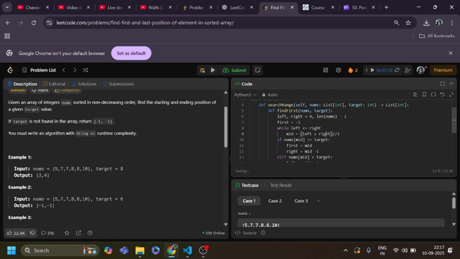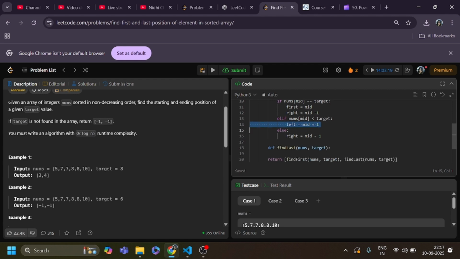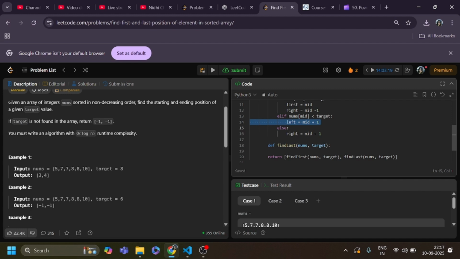If numbers of mid equals target, then first equals mid and right equals mid minus 1. If numbers of mid is less than target, then left equals mid plus 1, else right equals mid minus 1. After that I need to define another function called find last.